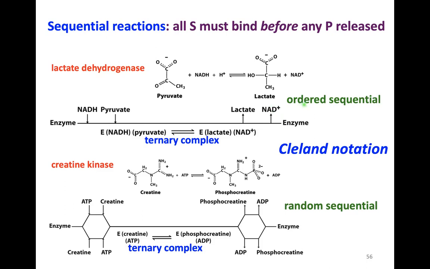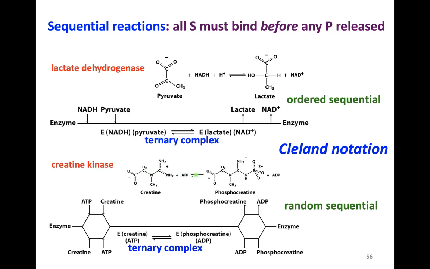Okay, sometimes it doesn't matter. You just need one substrate to bind before the other substrate. Okay, this is an example of a random sequential enzyme. So again, this horizontal line is the enzyme. In this particular example it is creatine kinase. Okay, this is a way of generating ATP from phosphocreatine and ADP, or we can phosphorylate creatine using ATP.